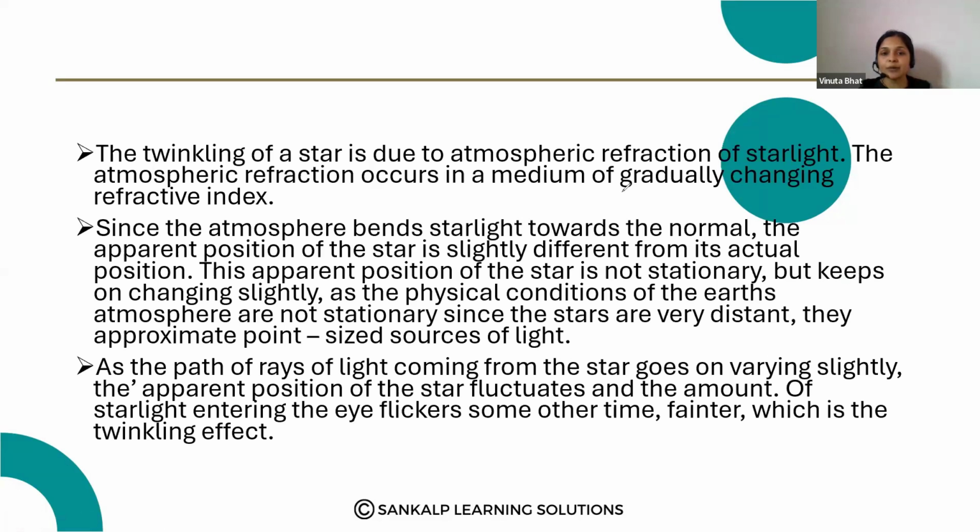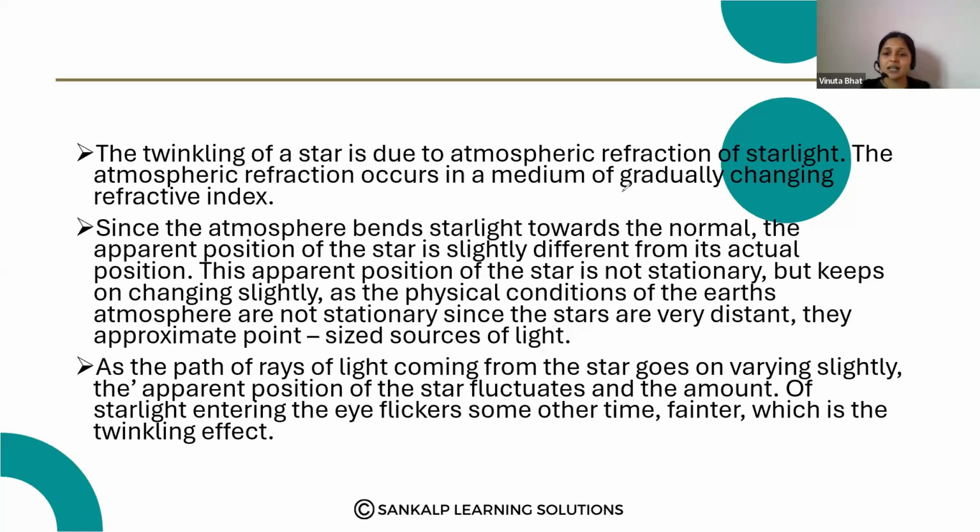Since the atmosphere bends the starlight towards the normal, the apparent position of the star is slightly different from its actual position. So it looks in a different position from its actual position. This apparent position of the star is not stationary, but keeps on changing slightly as the physical conditions of the Earth's atmosphere are not stationary.